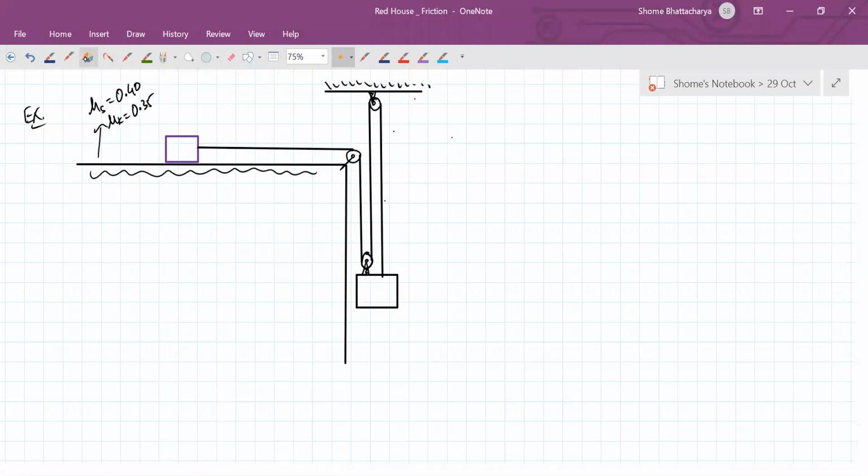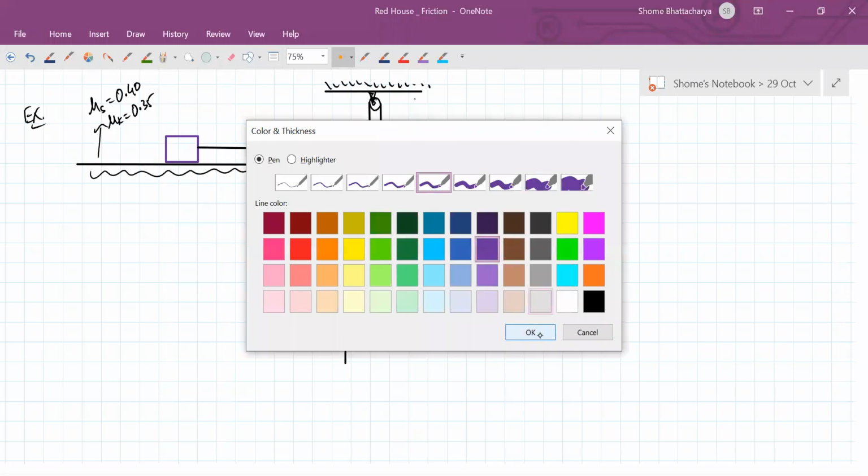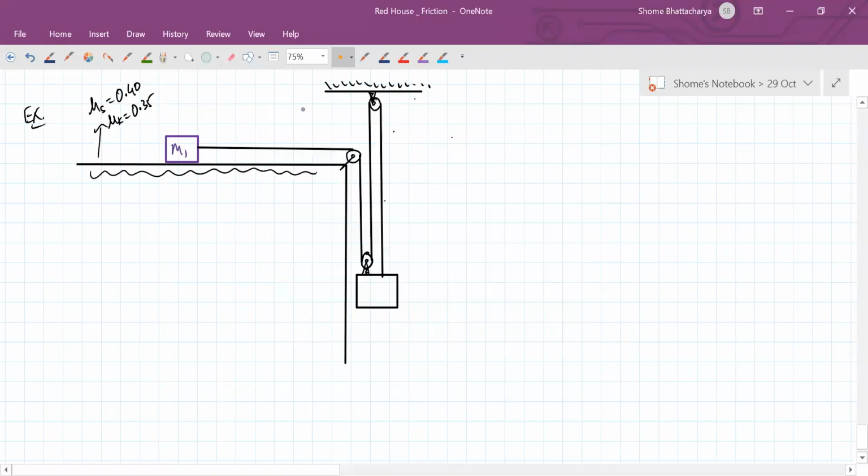Now, this block is of mass m1 and this block is of mass m2.